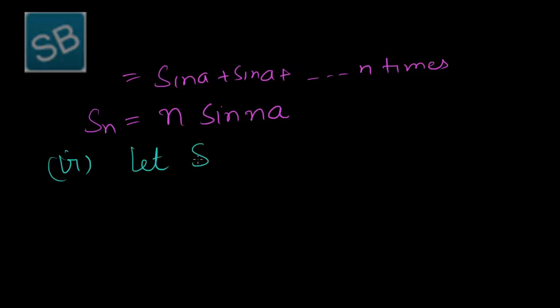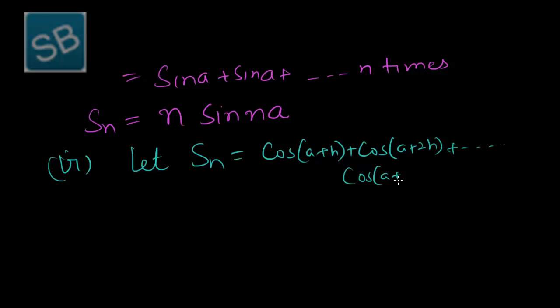In the same manner, Sn is equal to cos(a + h) plus cos(a + 2h) up to cos(a + nh), where h is not equal to 2nπ for all n belonging to the natural numbers.